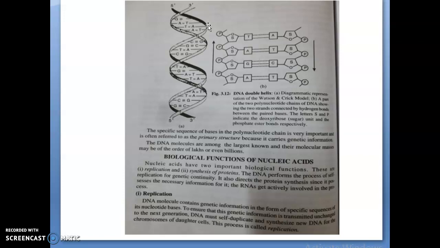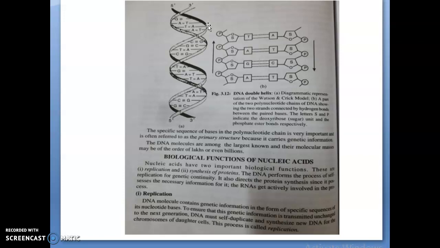This specific sequence of bases is known as the primary structure, and it carries genetic information. These are the features of the double helical structure of DNA.